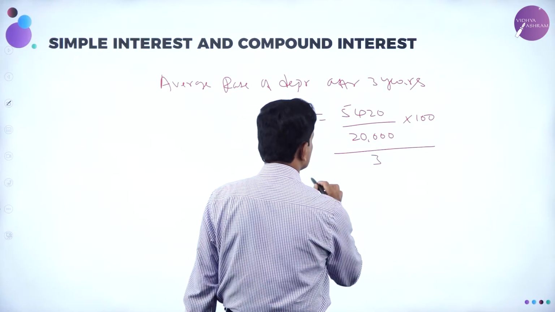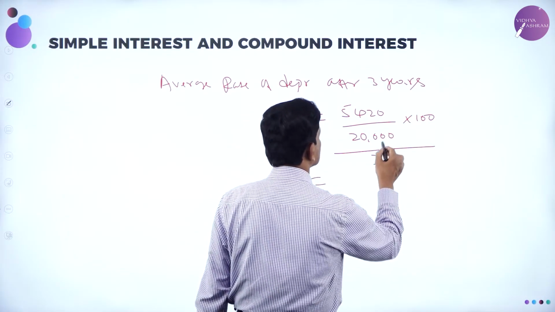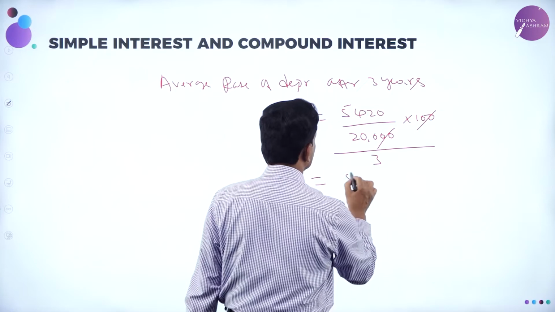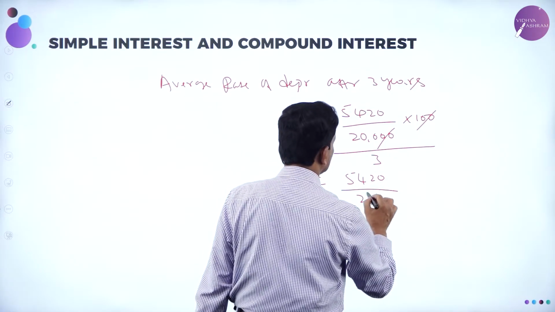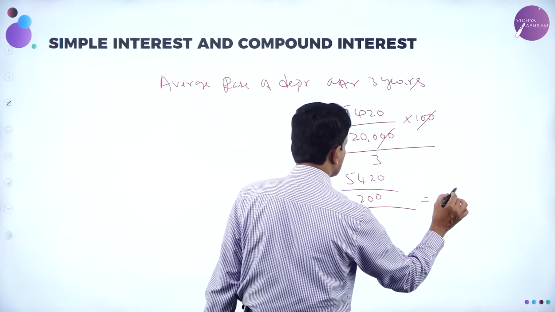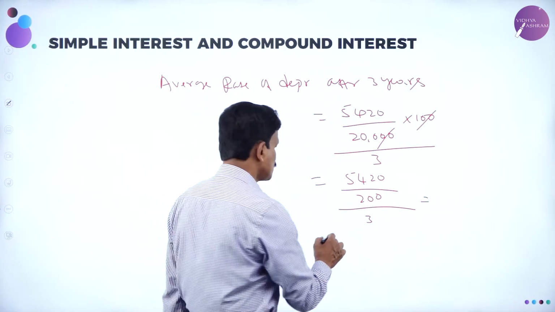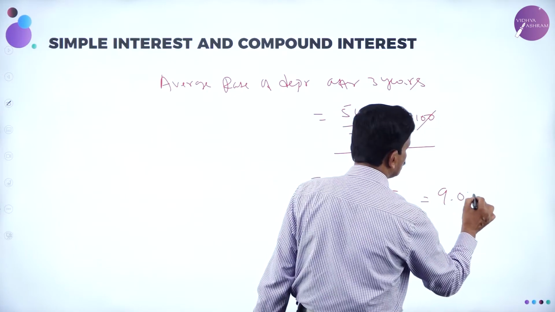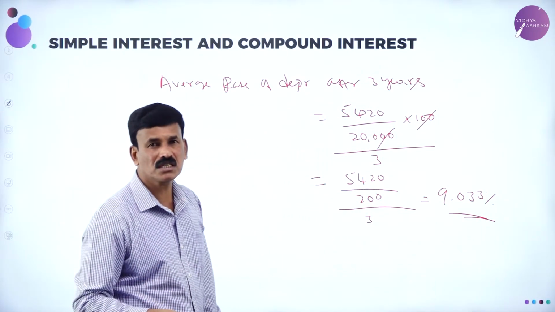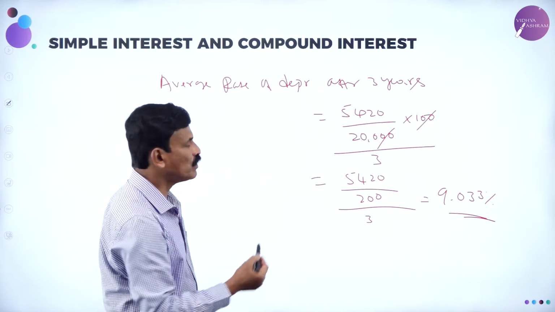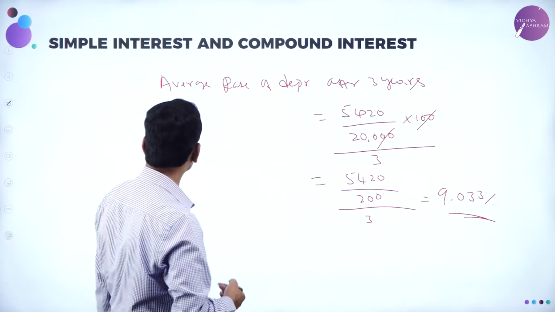For 3 years. So simplify this. The 2 and zeros get cancelled: 5420 divided by 200, divided by 3. If you simplify this, the answer you are going to get is 9.033%. So therefore, the average rate of depreciation after 3 years is 9.033%. That's it.